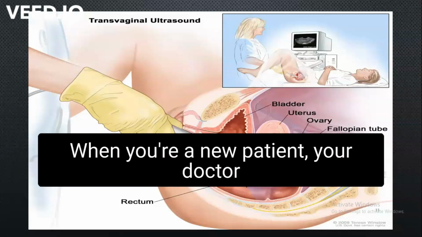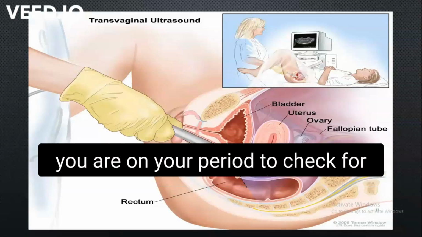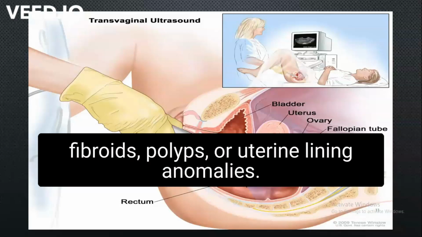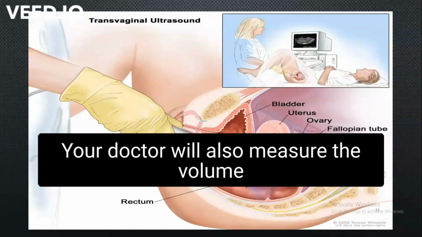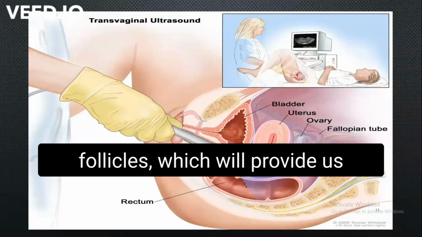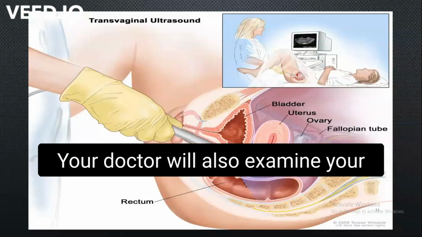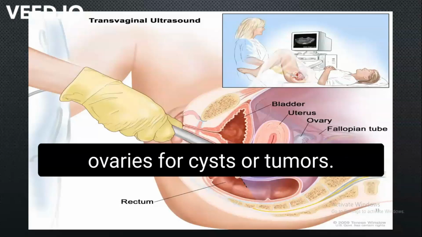When you are a new patient, your doctor will perform a transvaginal gynecological ultrasound while you are on your period to check for fibroids, polyps, or uterine lining anomalies. Your doctor will also measure the volume of your ovaries and count the antral follicles, which will provide us information about your egg reserve. Your doctor will also examine your ovaries for cysts or tumors.